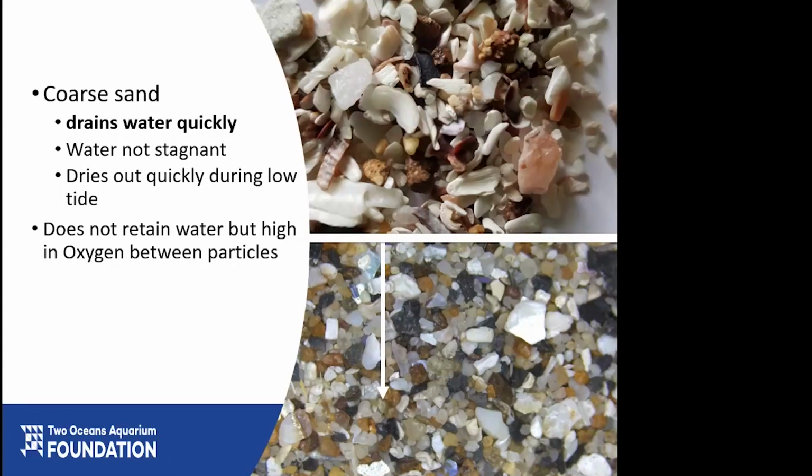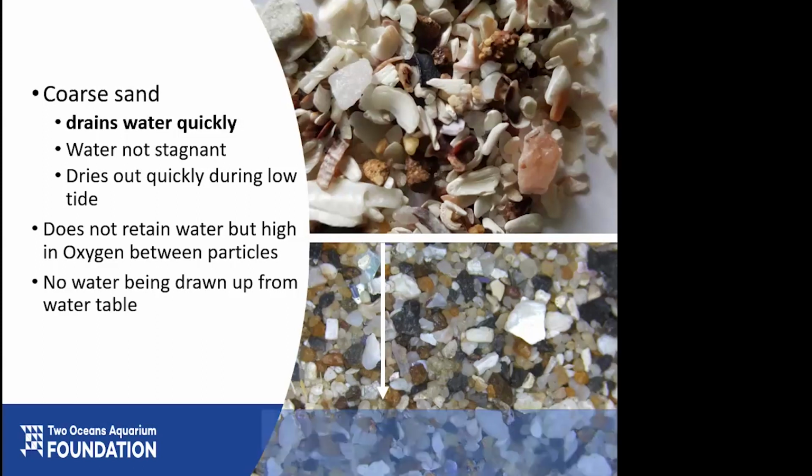So perhaps for animals that are a bit more air breathing, this might be a consideration. And as the water drains through the sand very quickly, it doesn't allow for water to be drawn up from the water table into this environment. So it has a very low water table in this environment.